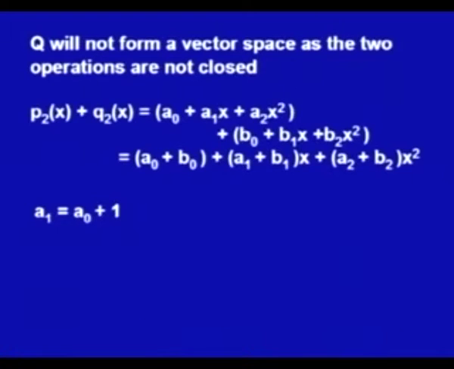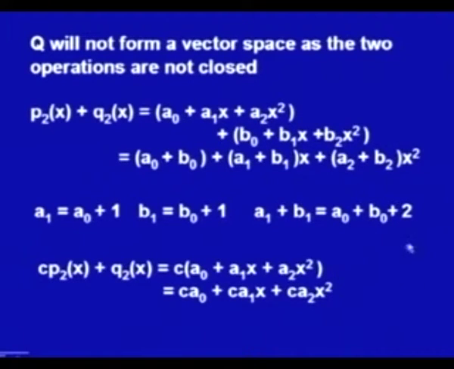Now a_1 = a_0 + 1 because p_2(x) belongs to the set Q. Similarly, b_1 = b_0 + 1, as q_2 belongs to Q, and from this one can see that a_1 + b_1 = a_0 + b_0 + 2. But if you apply this here, then this property requires this sum to be in the set Q, which requires that a_1 + b_1 = a_0 + b_0 + 1 instead of 2. So, this polynomial will not belong to the set Q, or we say this operation is not closed in Q.